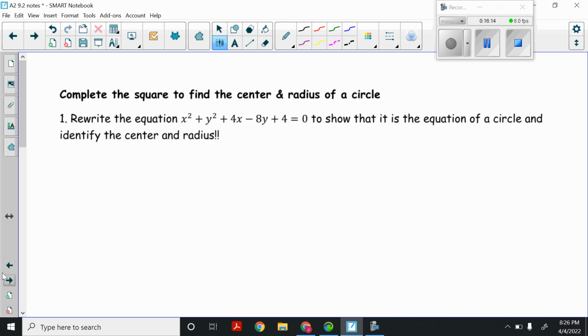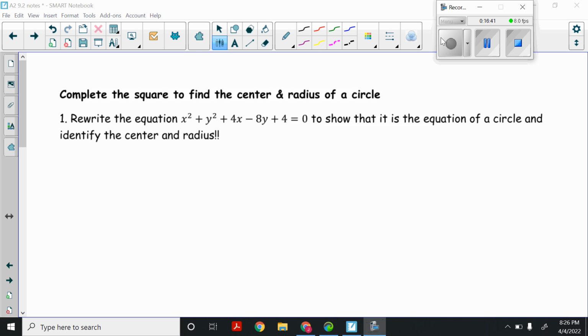All right, now we're going to complete the square to find the center and radius of a circle. We're going to complete the square just like we did before, only now we have to complete the square twice, once for x and once for y. So it says rewrite the equation x squared plus y squared plus 4x minus 8y plus 4 equals 0 to show that it is the equation of a circle and identify the center and the radius.